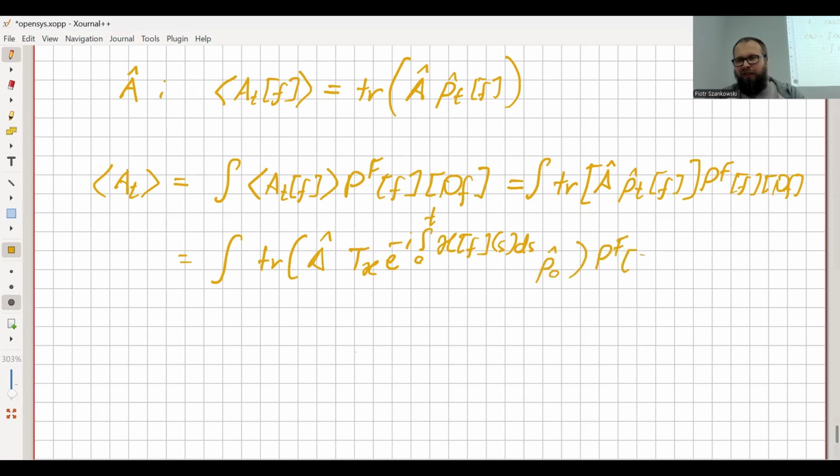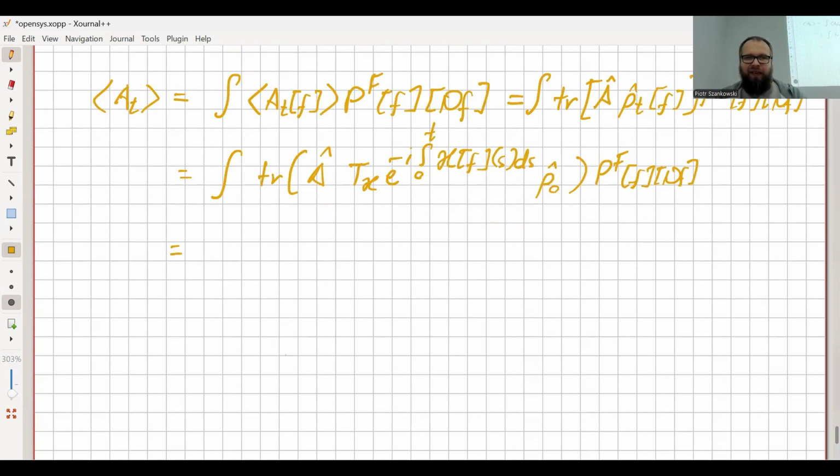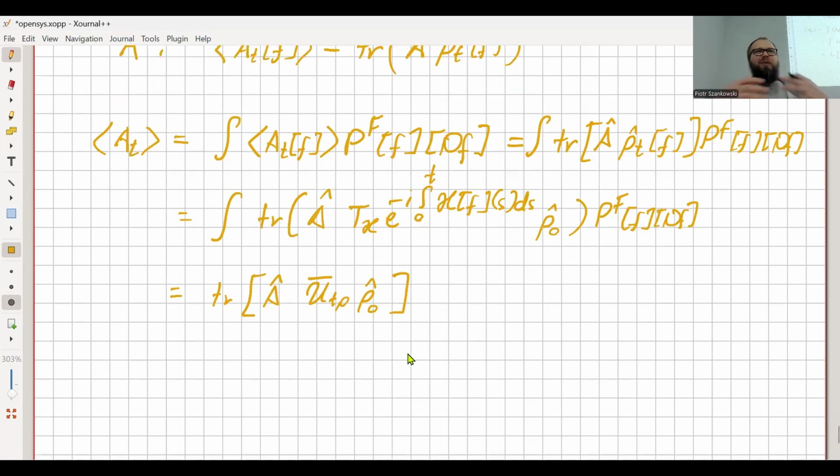Everything is averaged. And that's just the trace of A times U_t0 bar applied to rho_0, right? I can average, because the only thing depending on the trajectories in the process are the evolution maps. When I average them, I get my stochastic map, right?